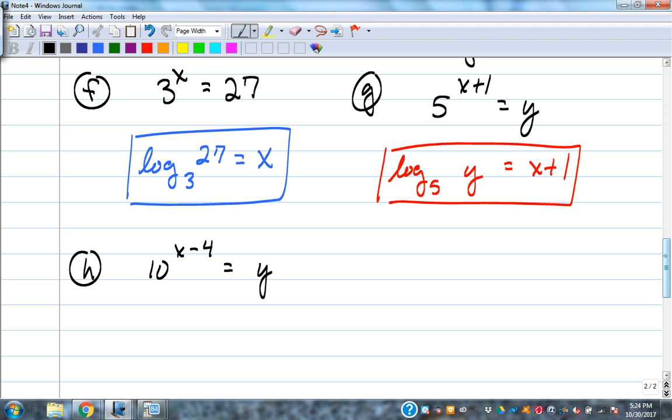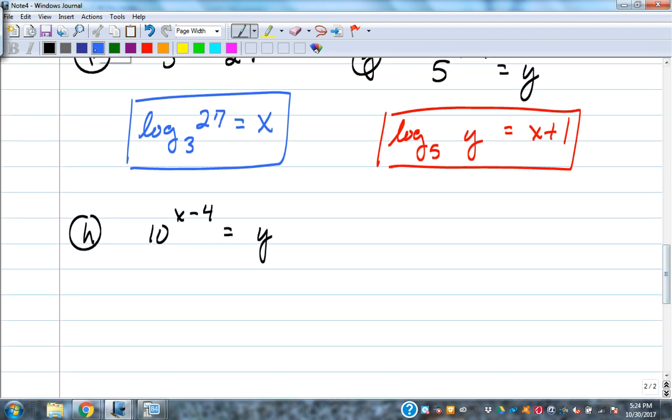One of those in there. What's the base? Yeah, it's base 10, so we're just going to write log of y equals minus 4.